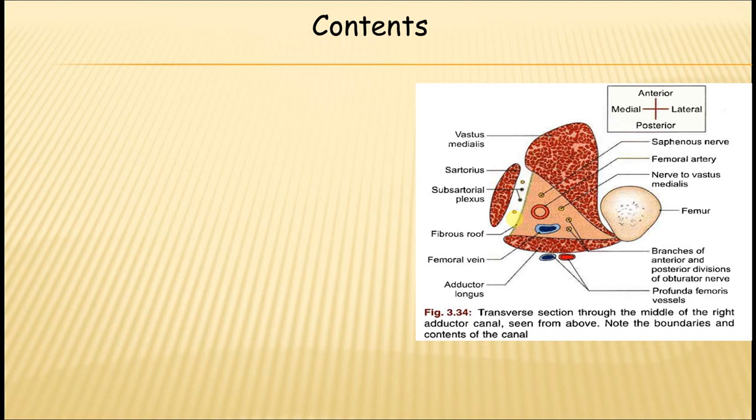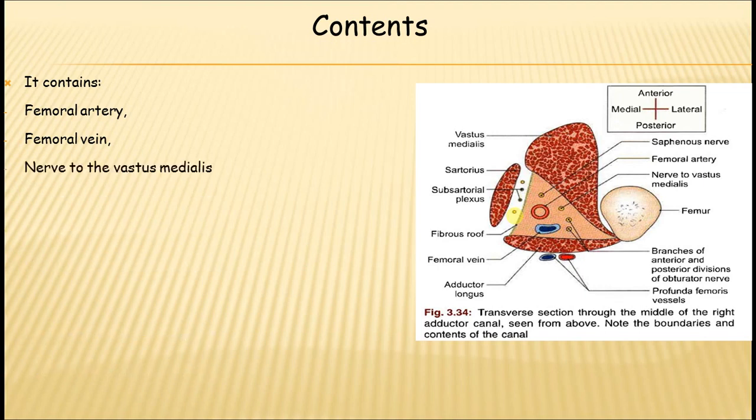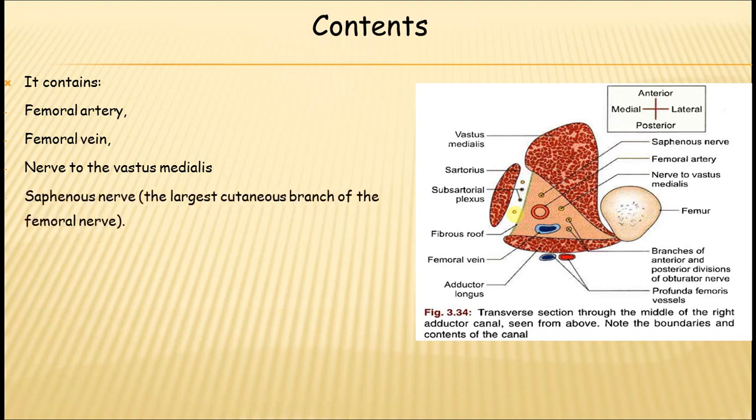Coming to the contents of the subsartorial canal, you have the femoral artery, femoral vein, the nerve to vastus medialis, a very thick, large branch of the femoral nerve, and then the saphenous nerve, which is also the largest cutaneous branch of the femoral nerve, from the posterior division.